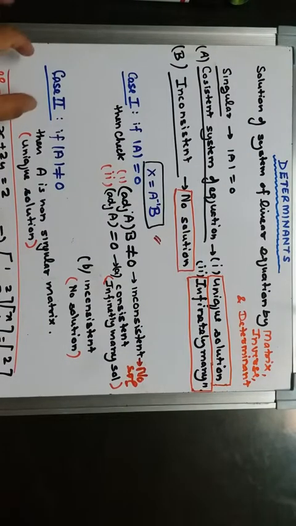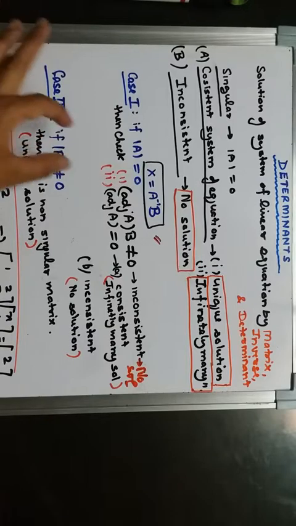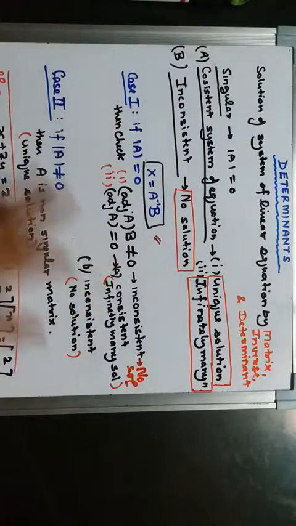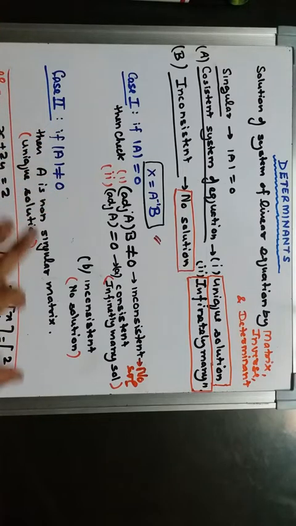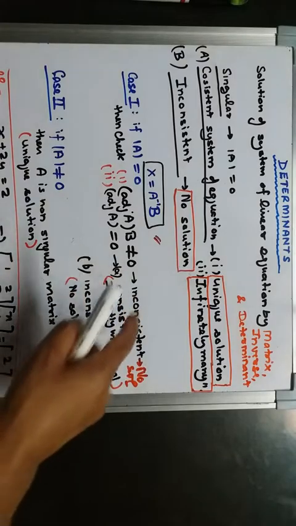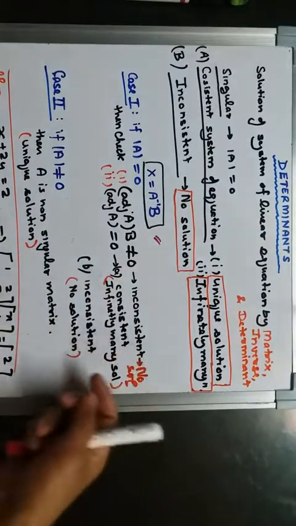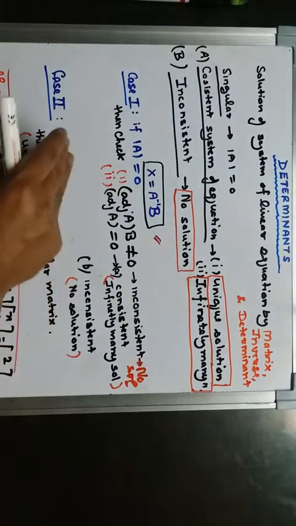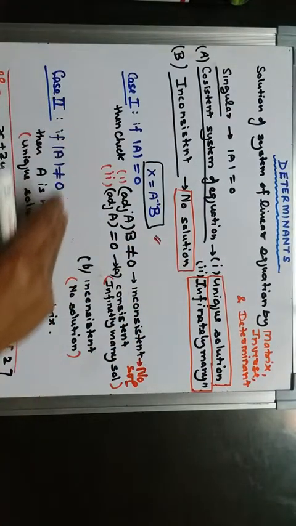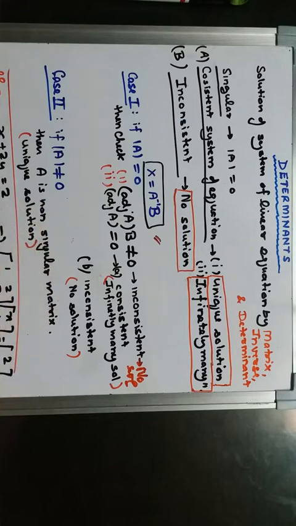Now case 2. If this is 0, then this happens. If this is not equal to 0, normally you will get questions like this. So if these many lines are irritating you, take it easy, the questions will come from this portion.